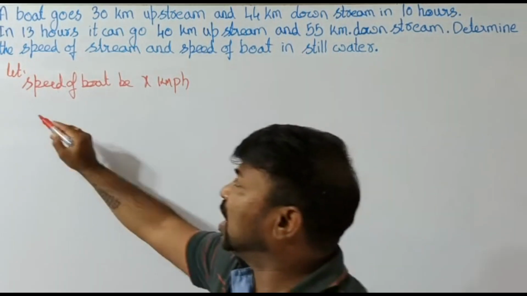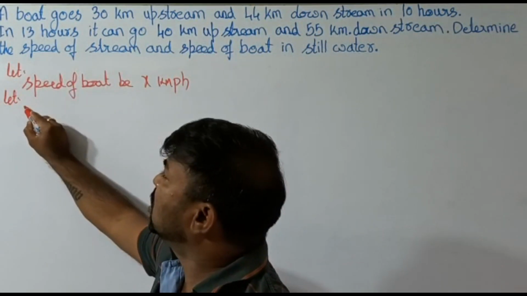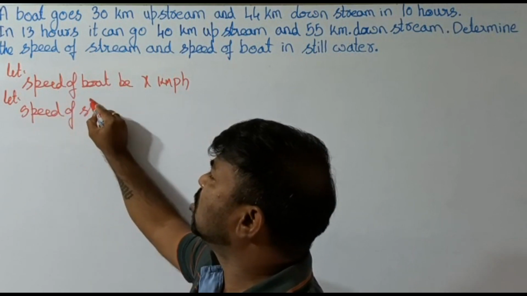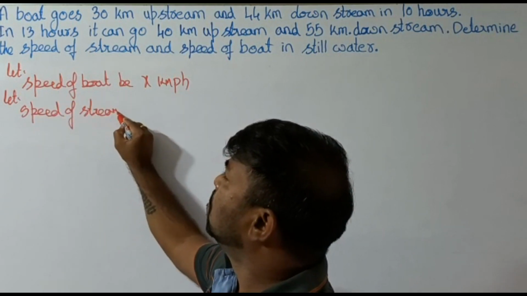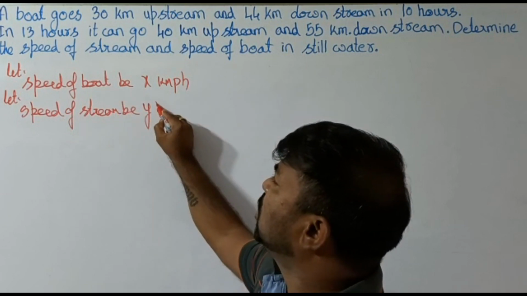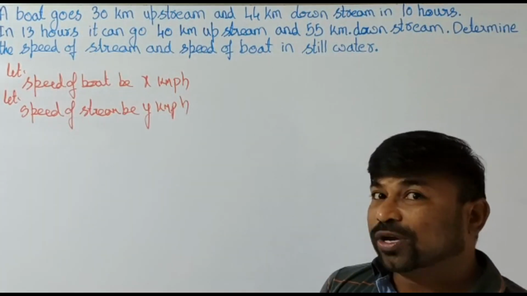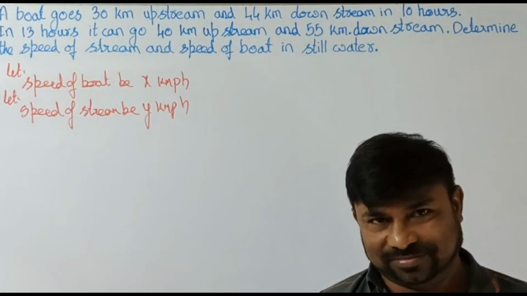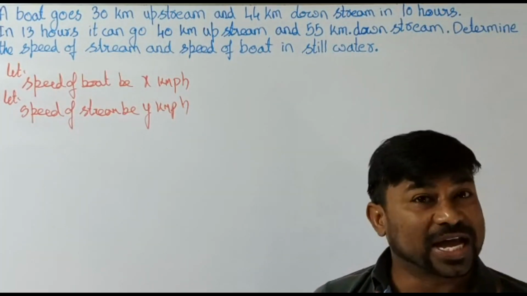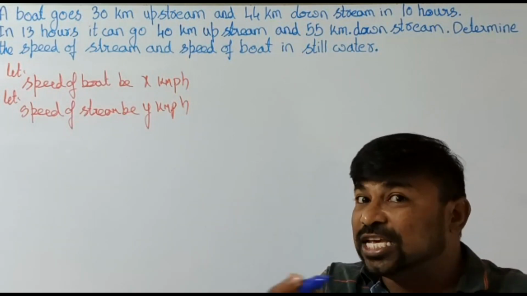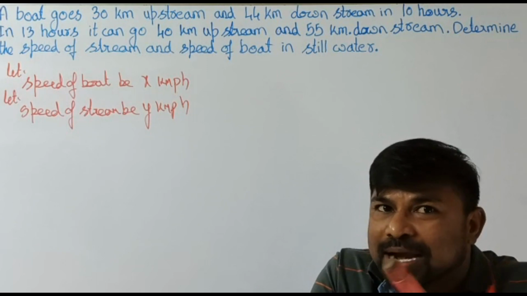Right? The next one. Let the speed of the stream be y kilometers per hour. Just now I said speed of the stream means running water. But I said they are dependent on each other. These both speeds are interdependent.